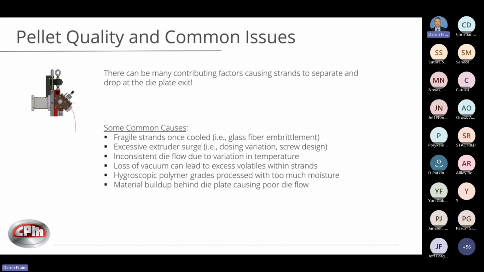Inconsistent die flow. We talked about it a little bit in terms of your die flow. You want good uniform flow through the die as much as possible. So it could be variation in temperature, where you're not controlling the temperature in the internal bore. Could be variable viscosity due to thermal gradients, where you may not have sufficient heating of the material.